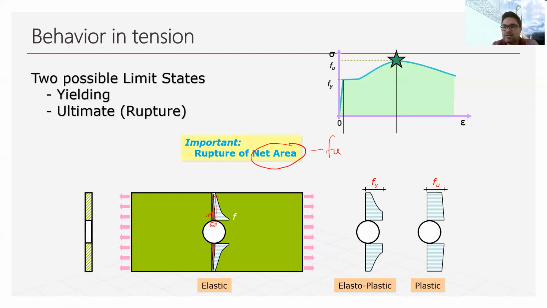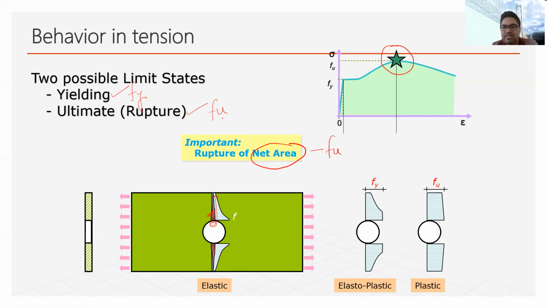This star mark also shows that we consider the Fu value for the strength of the plate in case of rupture, but for the strength of the plate in case of yielding, we consider the Fy value. In case of the ultimate, we consider the Fu value.